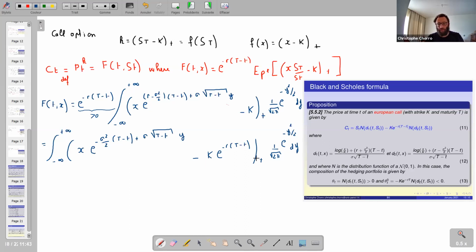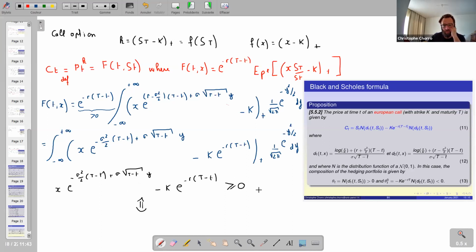So I have the plus function. You know that the plus function is 0 if this term is negative and identity otherwise. So I have to be interested in when this one is positive or not inside. And I said that to say that x exponential minus sigma square over 2 (capital T minus T) plus sigma square root of capital T minus T y, minus K exponential minus R (capital T minus T), when this one is positive, it's positive if and only if... So we are going to express it as a condition on y.